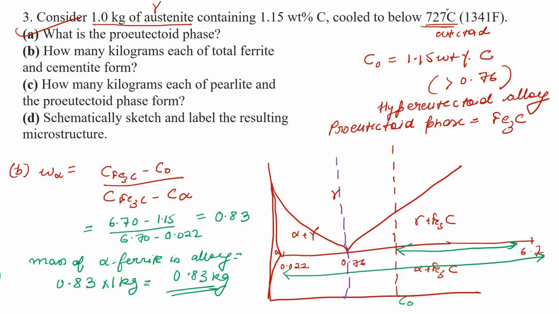This will tell us the pearlite amount. The pearlite composition is 0.76. This region divided by this part. Because for pearlite this is the phase boundary, the opposite arm of that is this one, which is 6.7 minus C naught.